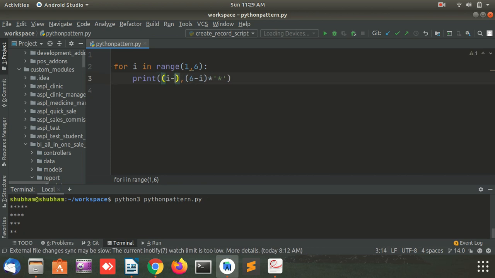So i minus 1. It means first time i value is 1, so 1 minus 1, so it means 0, right? Multiply by space. So the logic over here: i minus 1 multiply by space.